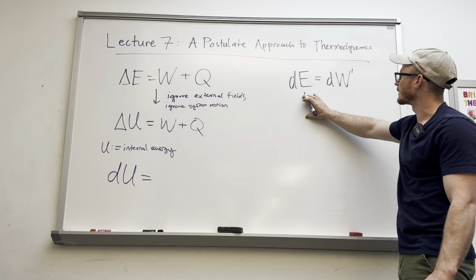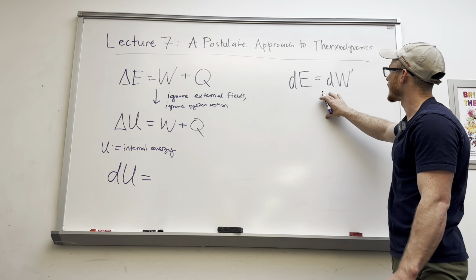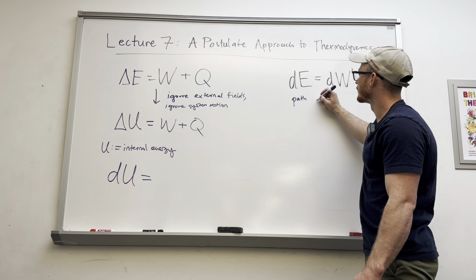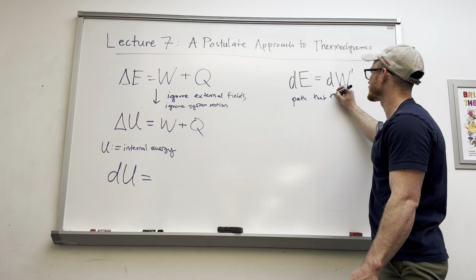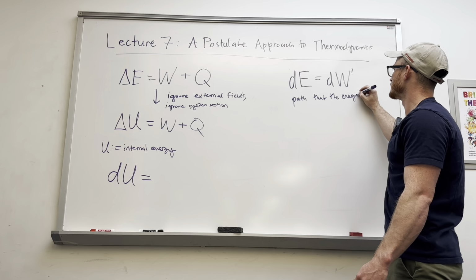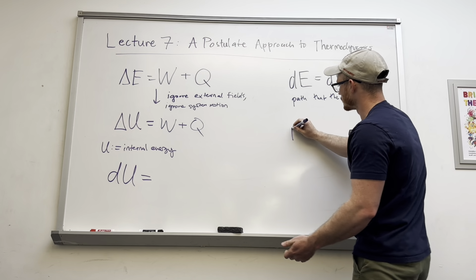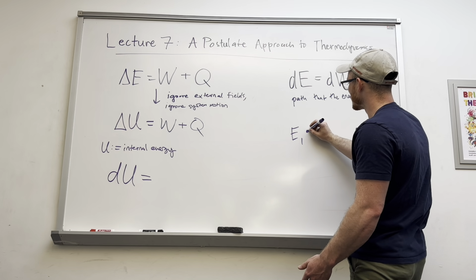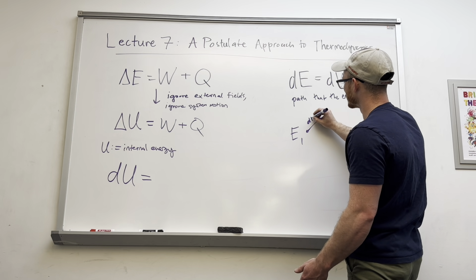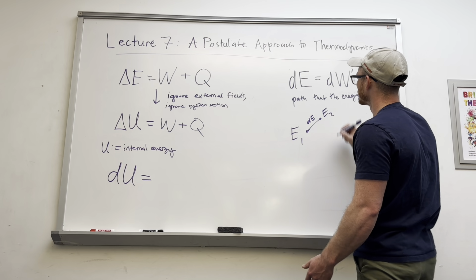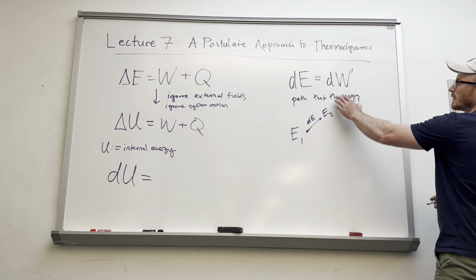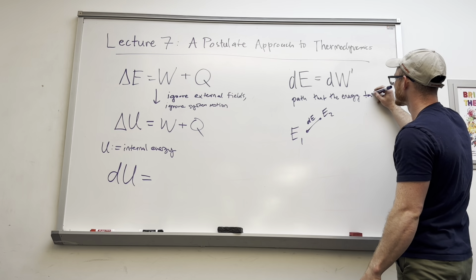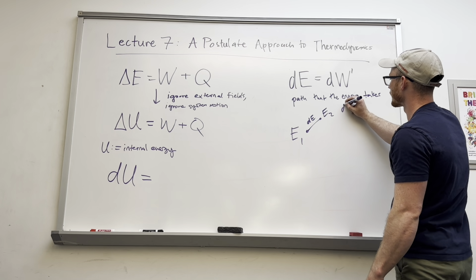When you write something like this, what you're saying is that the path that the energy takes, so dE is a change in energy, so you have an E1, you change the energy by some amount dE, and you're at E2. But what this expression says is that the path that the energy takes doesn't matter.